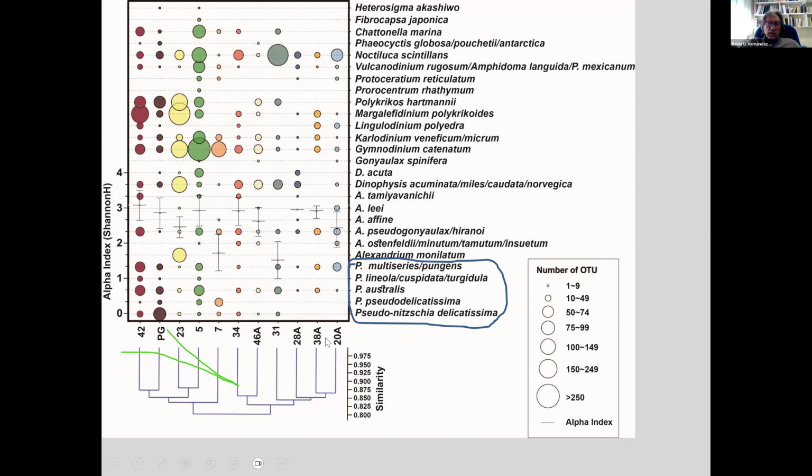They were having more or less the same communities with different dinoflagellates and diatoms, potentially toxic.